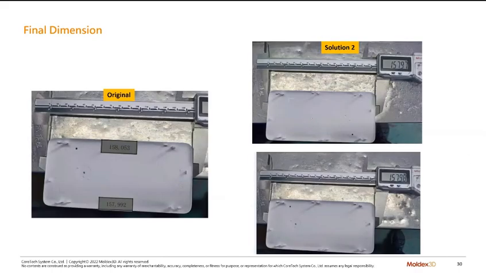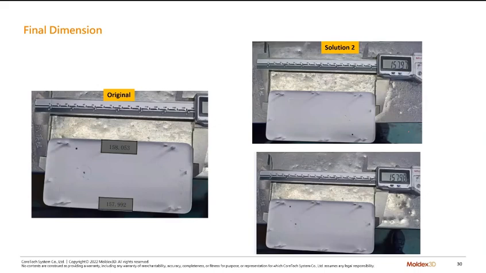So at the end, this one has very good dimensions, very similar dimensions on the top and bottom of the cavity. The difference is around 0.01 millimeters.